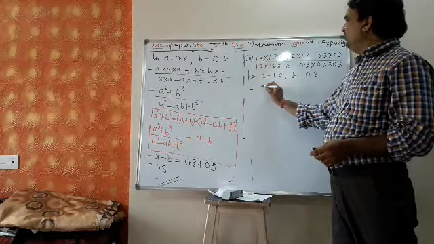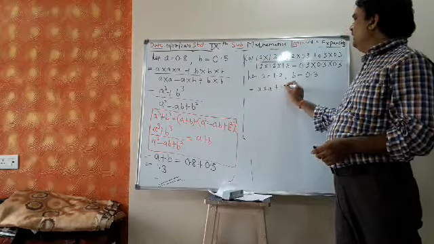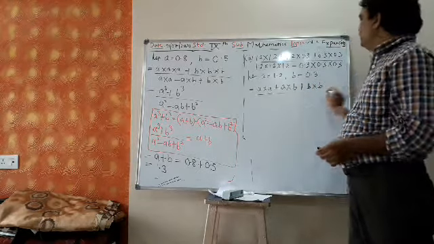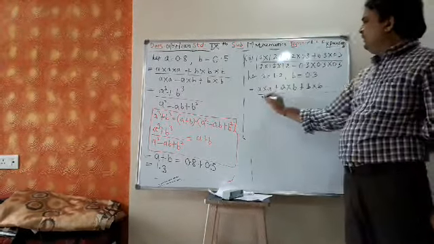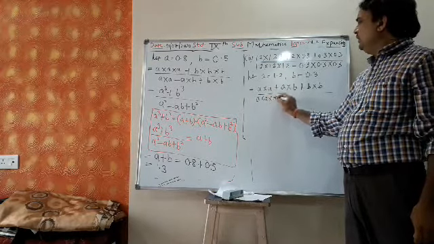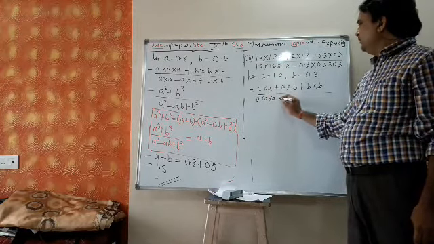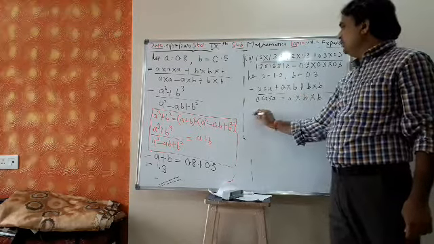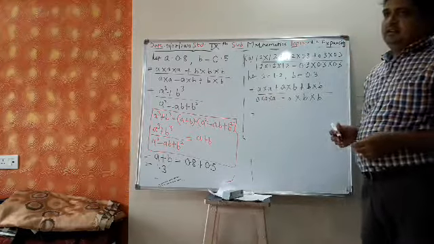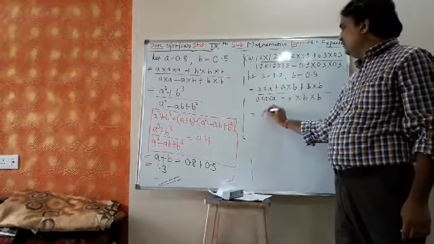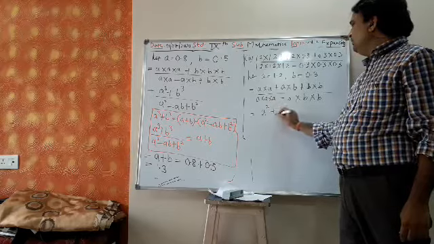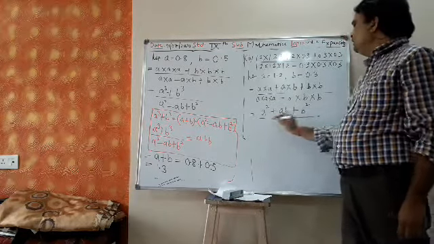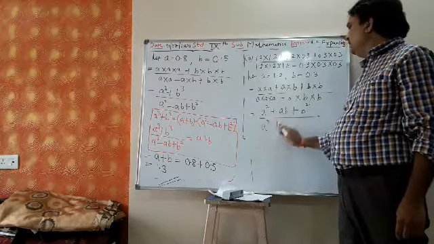A into A plus A into B plus B into B upon A into A into A minus B into B into B. Yes, we see the formula: A square plus AB plus B square upon A cube minus B cube.